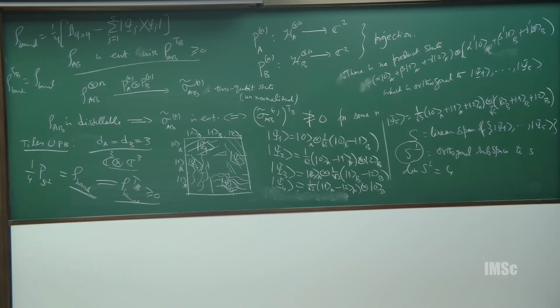It will always be 5 in this format, but you can have bound entangled states in other forms also, like this UPB, the unextendable product basis. In 3 cross 3 it is not necessarily only 5 product states, it can be more than 5 also, for some different construction.